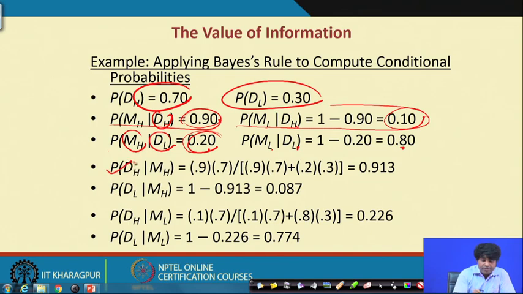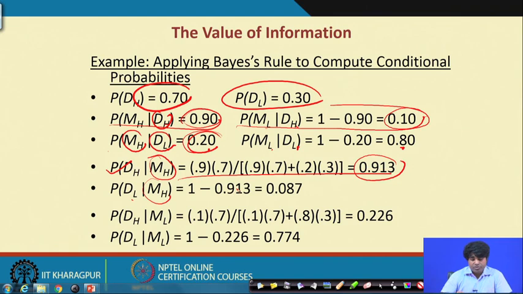Corresponding to this, we can derive the probability of high demand against the high market structure. This is the conditional probability, which comes to 0.913, and similarly the probability of low demand against a high market is by default 1 minus 0.913. Similarly, the probability of high demand against low market conditions, which comes through conditional probability, is 0.226. By default the probability of low demand against low market will be 1 minus 0.226, that is 0.774.